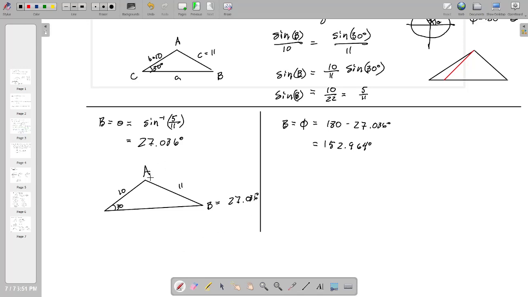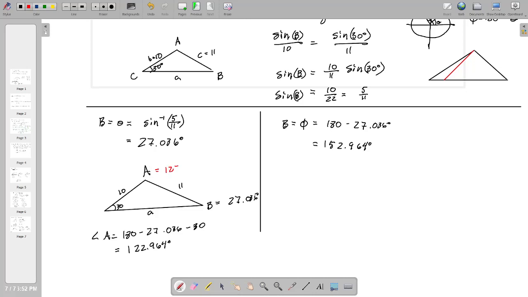Now we're looking for angle A and side A. So angle A, because we know that all three angles add up to 180 degrees, angle A will be 180 minus 27.036 minus 30. That should give us 122.964 degrees.